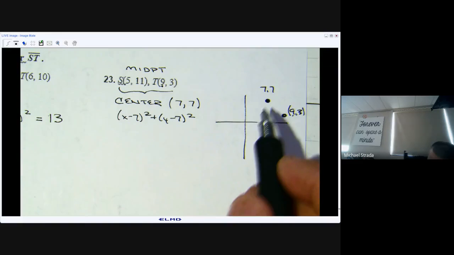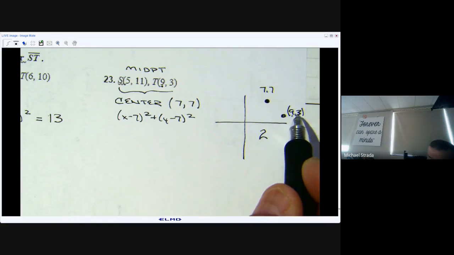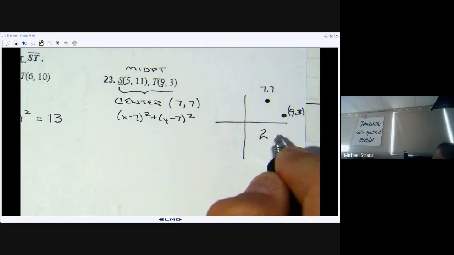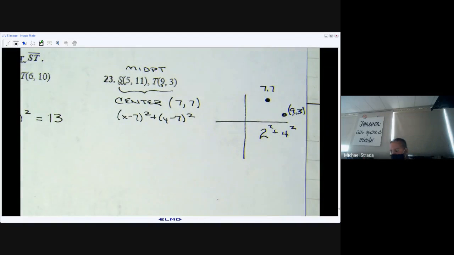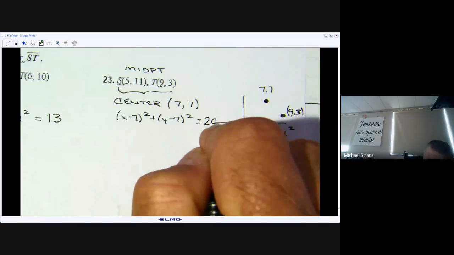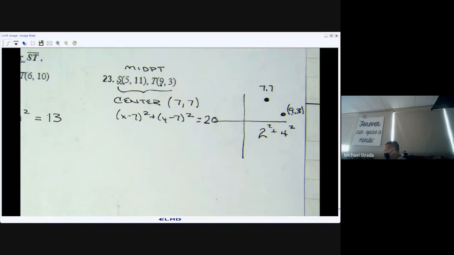How far is it from 7 down to 3? 4. 2 squared, 4. 4 squared, 16. 4 plus 16, 20. And when I square root, they cancel out, brings it back to 20. Good.